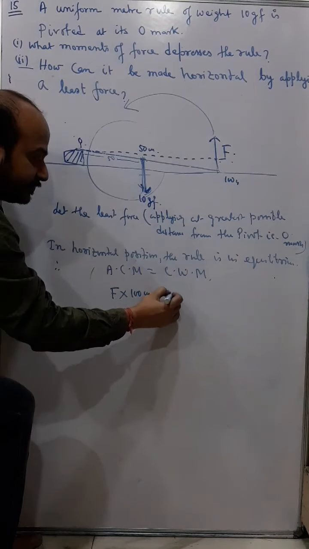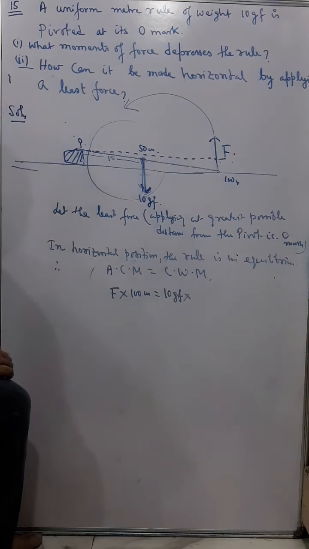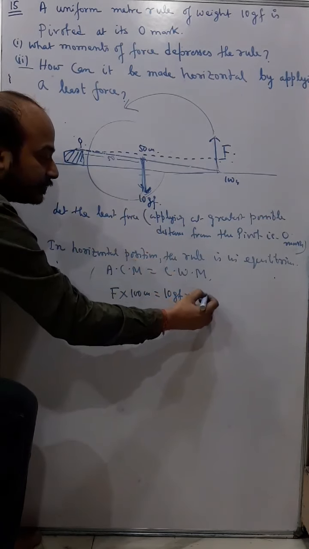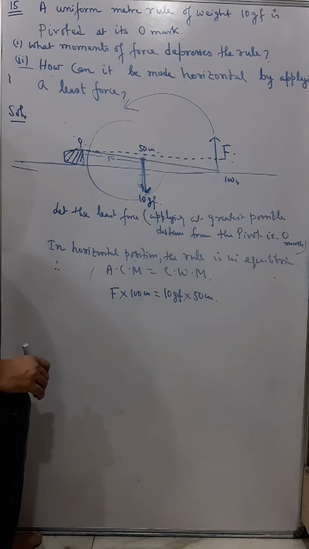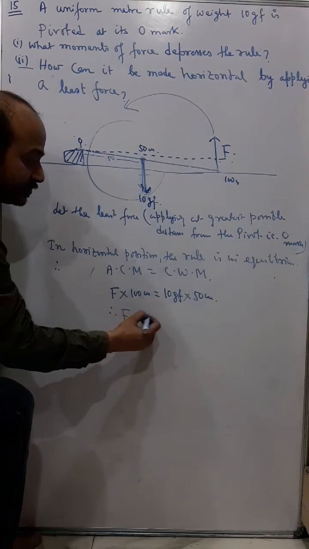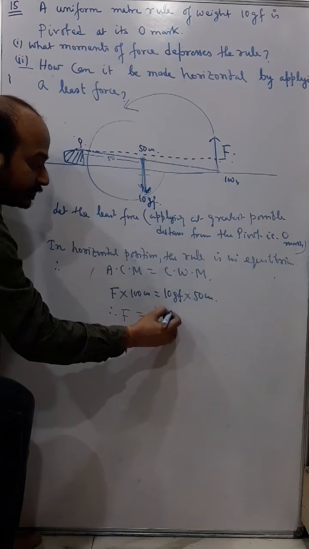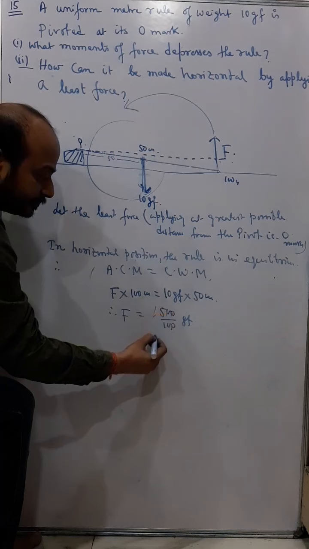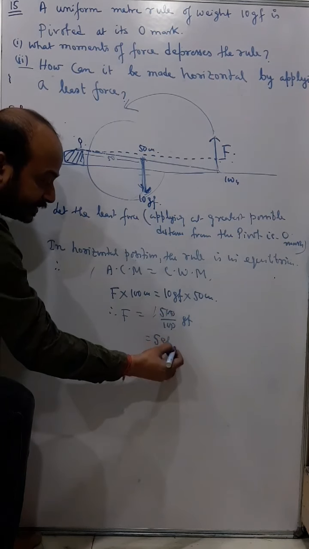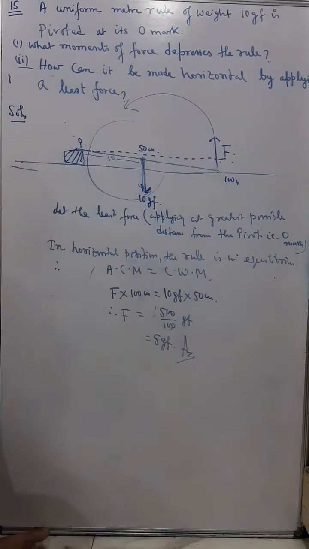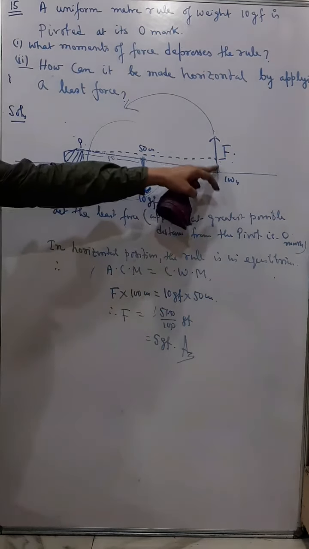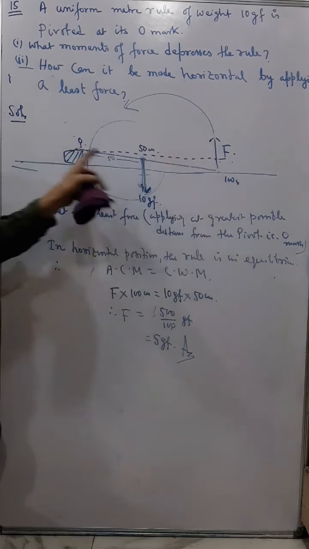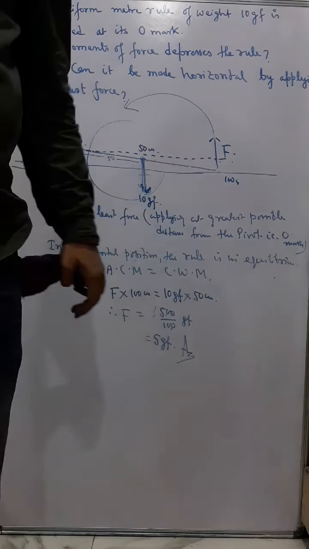It is 10 gf force, and distance is how much? 50 centimeter from the axis of rotation, and therefore I can say F equals how much? 500 by 100 gf, that is 5 gf. So that means we will apply a least force of 5 gf at the edge, at the 100 centimeter mark, to make this horizontal. Understand?